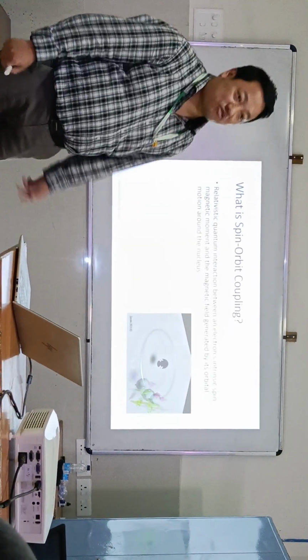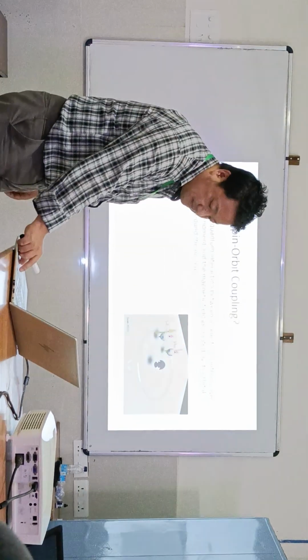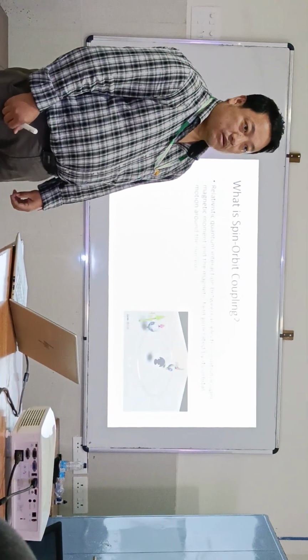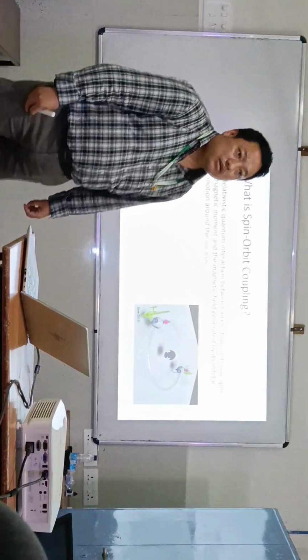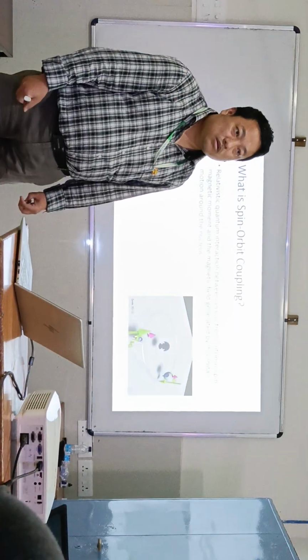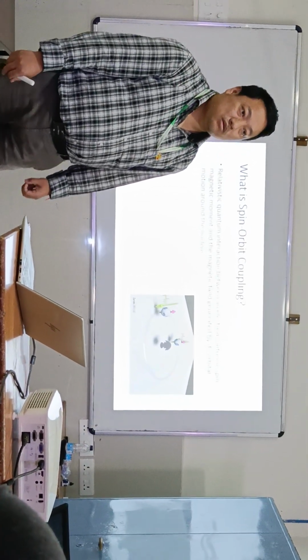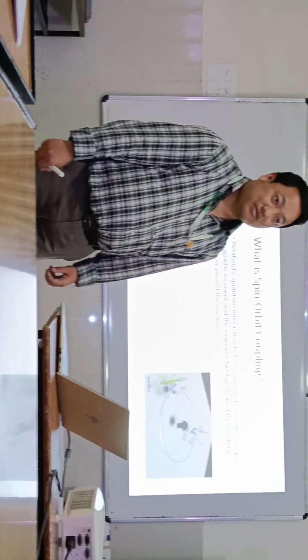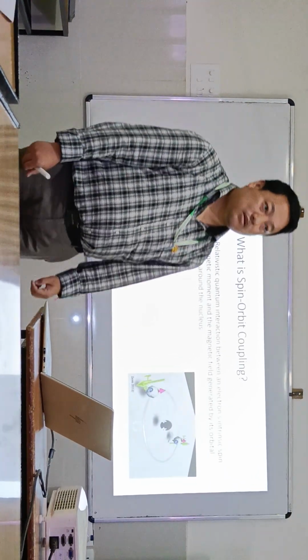One second, please explain this coupling. What is coupling? Is it only the interaction between the spins of two electrons, or is it the interaction of the spin of the electron along with its orbital motion?